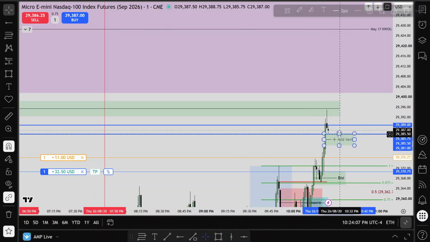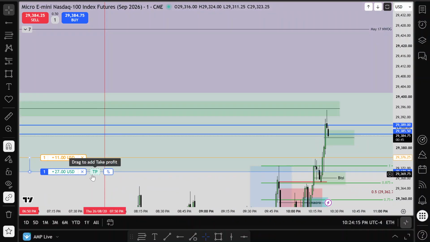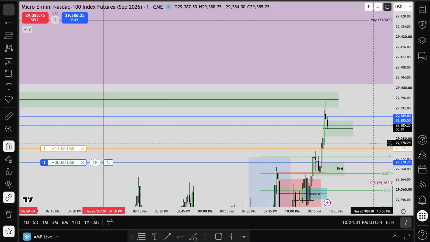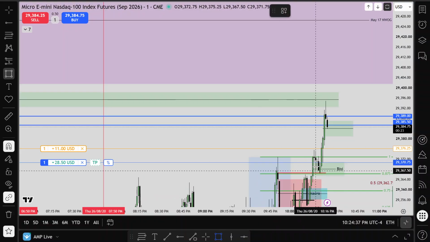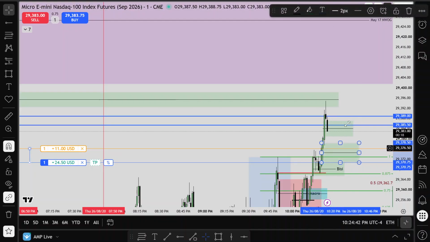We're going to call that IOFED. How do you not go to an NWOG? We've got to get down below them just a little bit. See here, we got another. If it's actually wanting to go, we have another balanced price range right here. BPR.